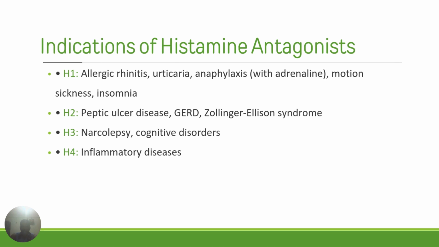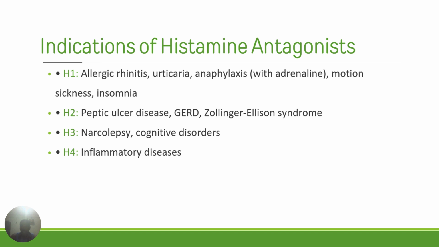For H1 antagonists, they are used in allergic reactions such as rhinitis, urticaria, and they're also used in anaphylaxis when applied together with adrenaline. In motion sickness and insomnia, they're also used.